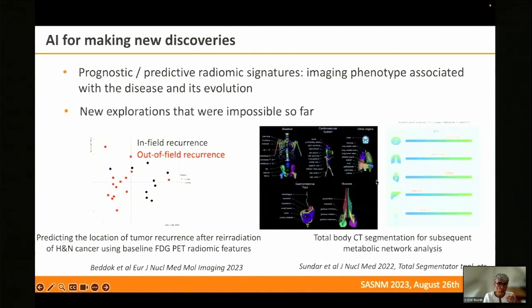Another type of new discovery we can make with AI are those based on calculations that we could not do before. For instance, it is now possible to segment all organs from a whole body CT.